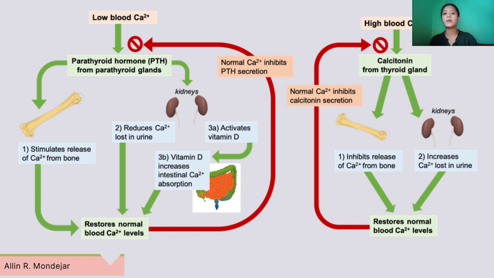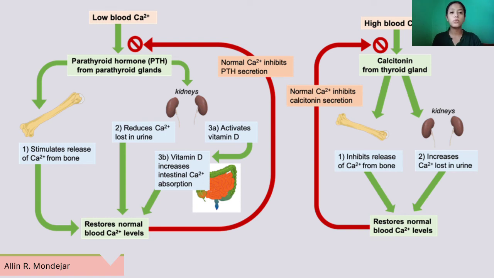So why do I talk about this again? It is because if there is an alteration in our calcium homeostasis, it will of course result in disorders. If there is an increase of the parathyroid hormone released into our blood, causing hyperparathyroidism, it will cause an increased action of the RIB.